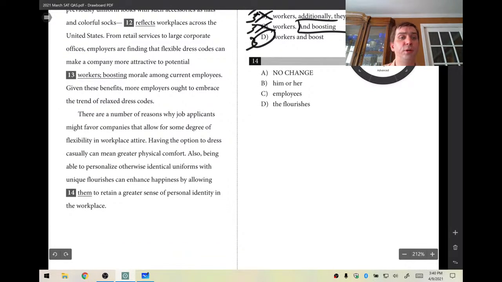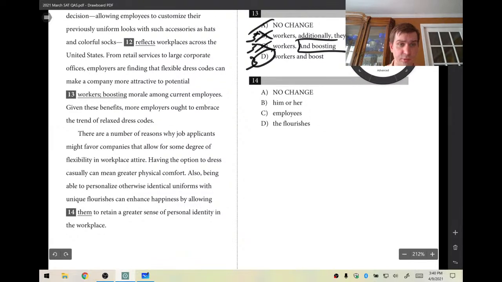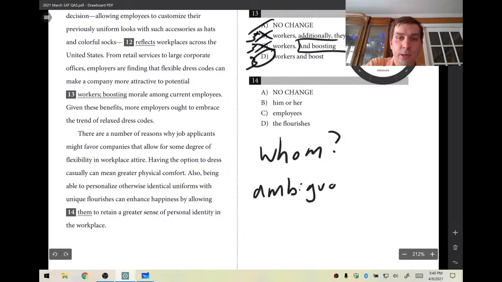Also, being able to personalize otherwise identical uniforms with unique flourishes can enhance happiness by allowing them to retain a greater sense of personal identity in the workplace. Whom? So what we have here is an ambiguous pronoun.